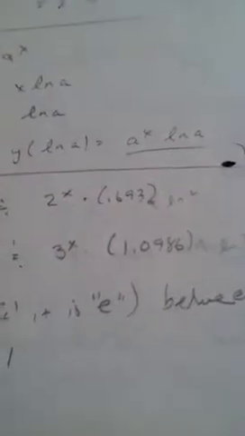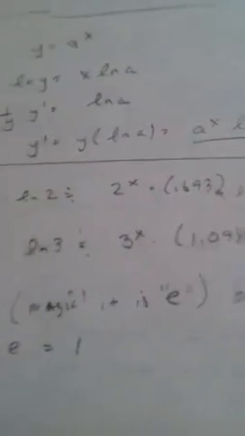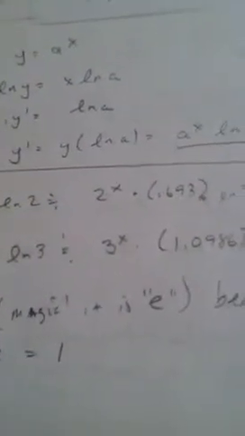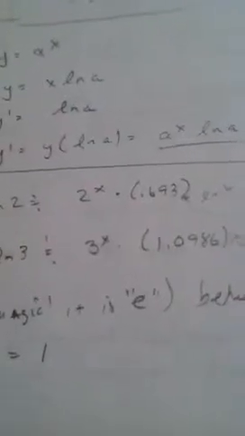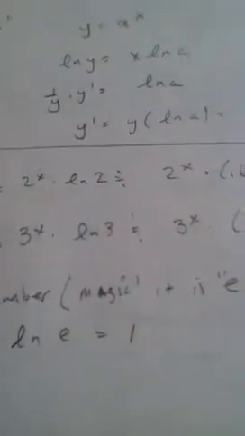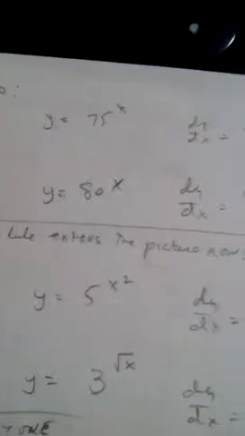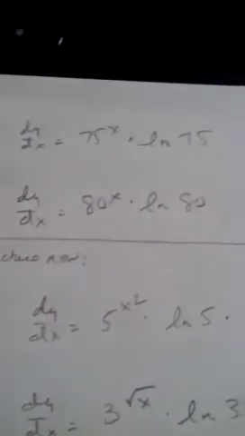So there's some number, e, and that's why it's magic, between 2 and 3, but closer to 3, such that ln of e equals 1. So, moving on. What you should know automatically is if you have something like y equals 75 to the x, the derivative is 75 to the x ln of 75, etc.